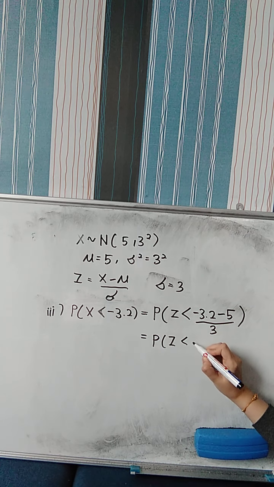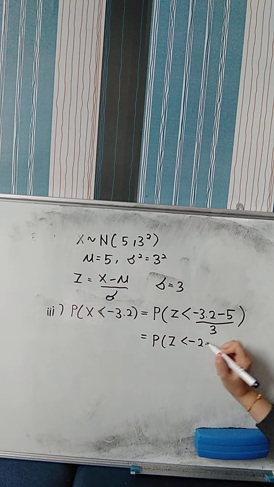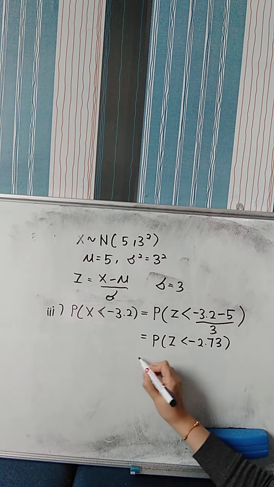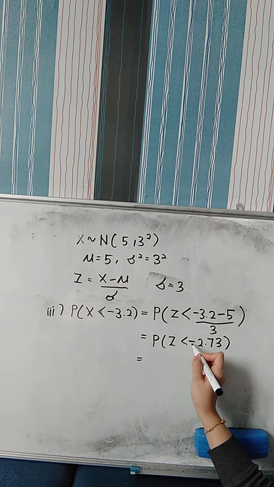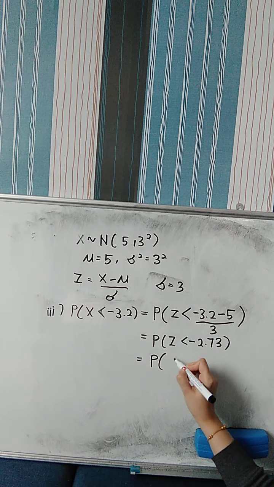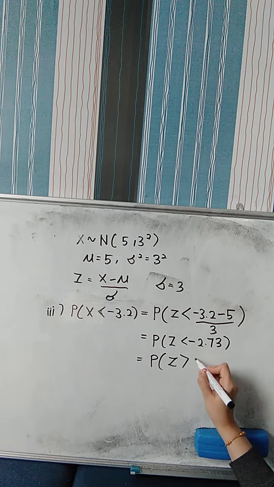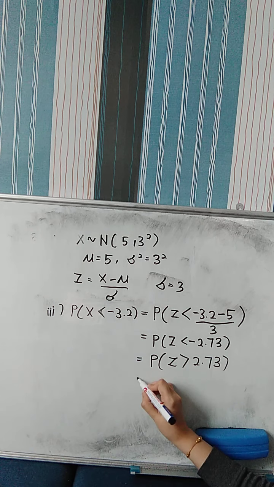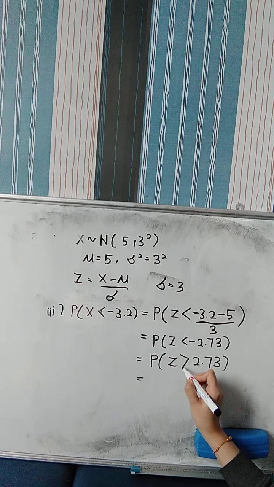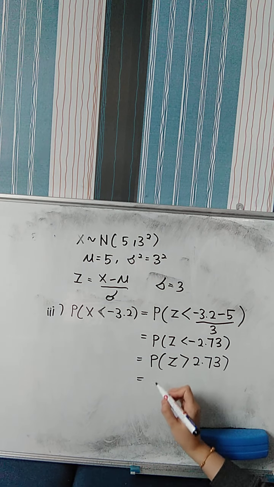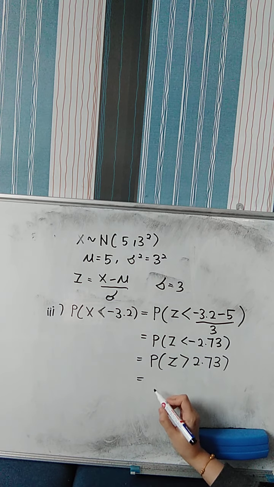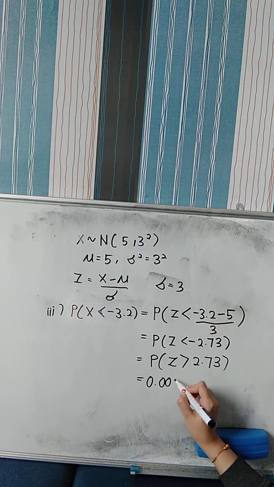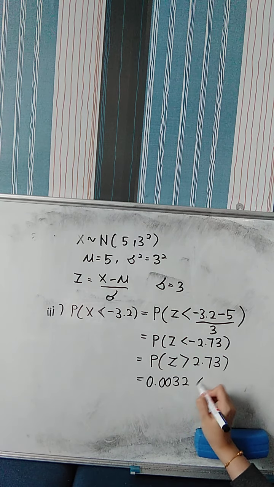Your answer is negative 2.73. So less than negative, you need to change to more than positive 2.73. Positive 2.73, you can read directly from the table. The answer is 0.0032.